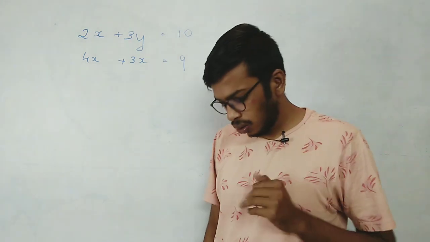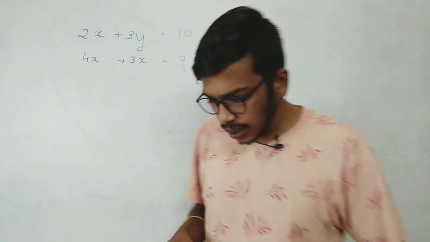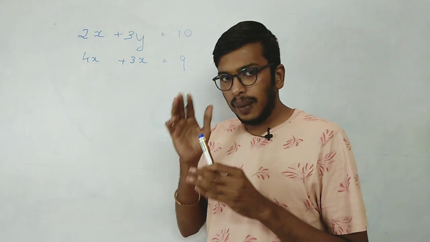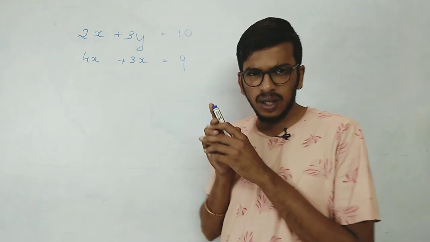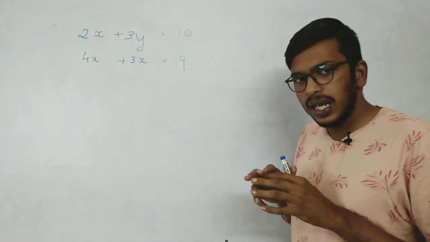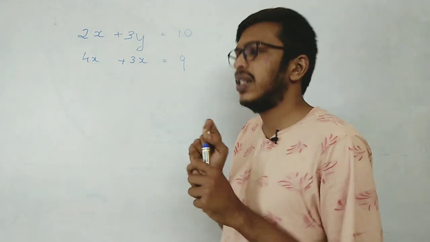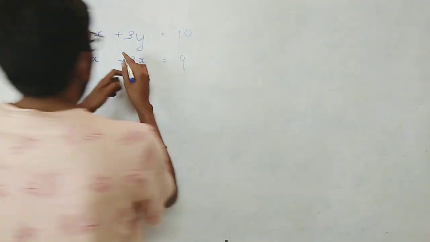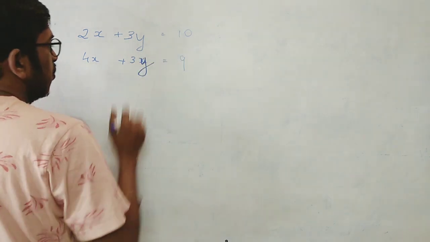This is the thing. Whenever a pair of linear equations is given, there is a particular relation where we need to consider the coefficients and see whether this relationship exists. What is that relationship? Now, I have 2x plus 3y is equal to 10, 4x plus 3y is equal to 9.